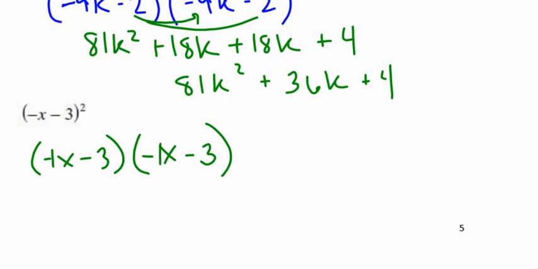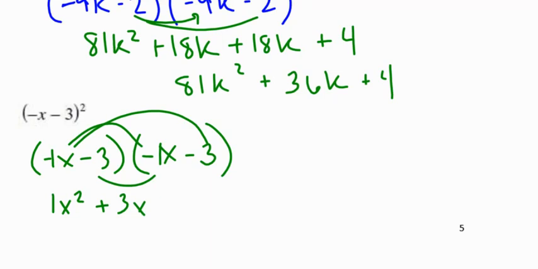So we have a negative 1x times a negative 1x is a positive 1x squared. I'll put the 1 there for now. A negative 1 times a negative 3 is a positive 3, and then our x. Same here, negative 3x times negative 1x is a positive 3x. Negative 3 times negative 3 is a positive 9.